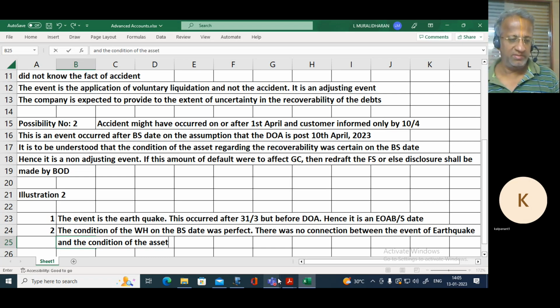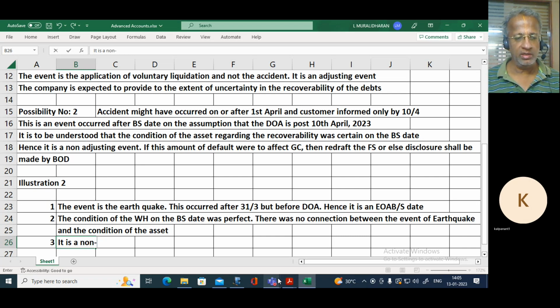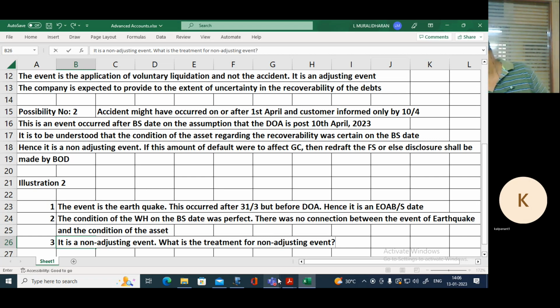Firstly, we will address this. It is a non-adjusting event. What is the treatment of a non-adjusting event?